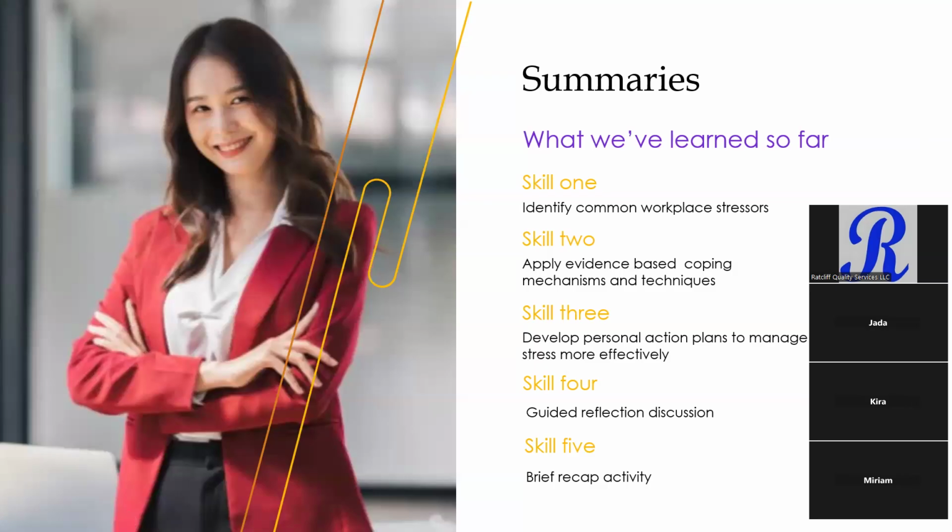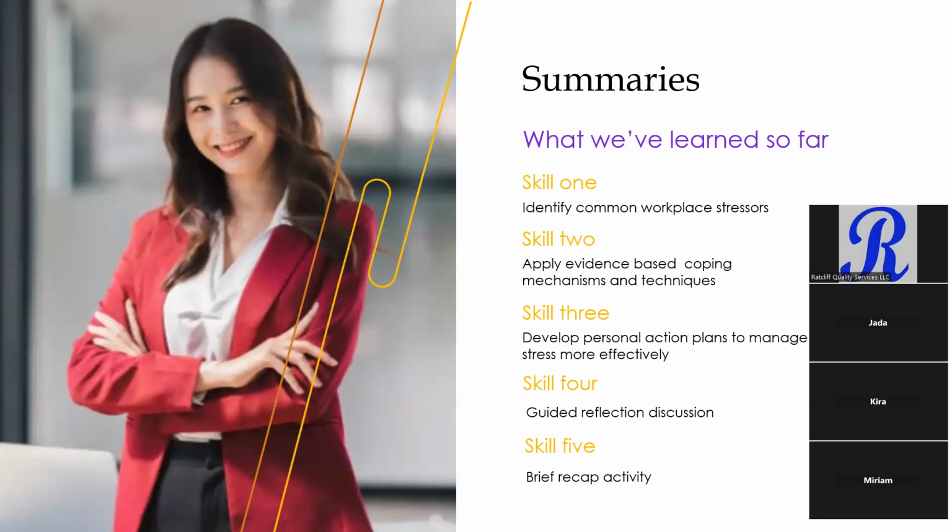Skill number 4 is the guided reflection discussion, where as a group, everyone can ask their questions and give feedback to others after they've done their action plans, and see how you can relate to someone else's stressors and give feedback on those stressors as well.